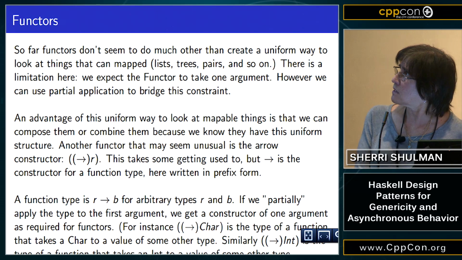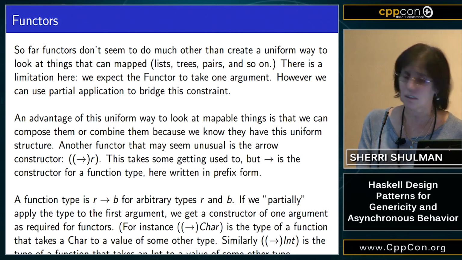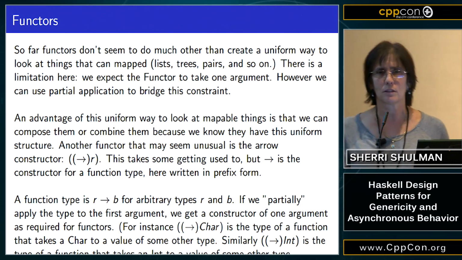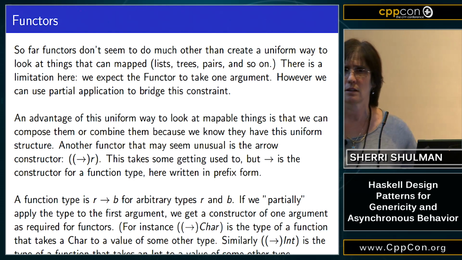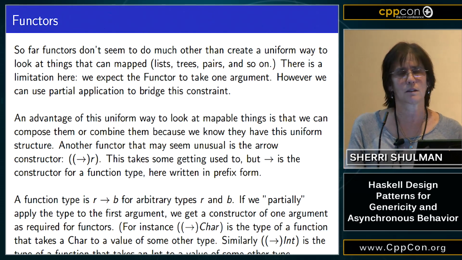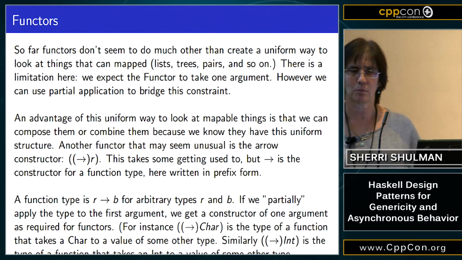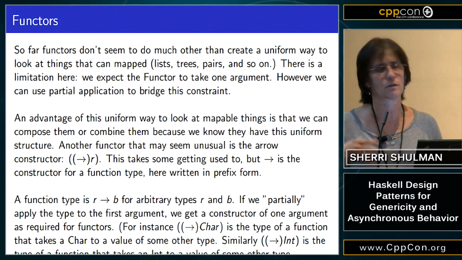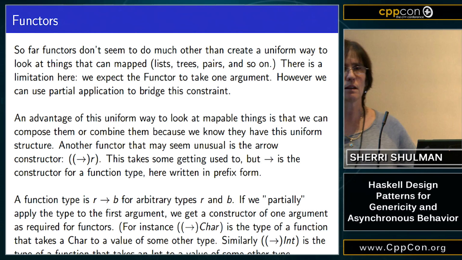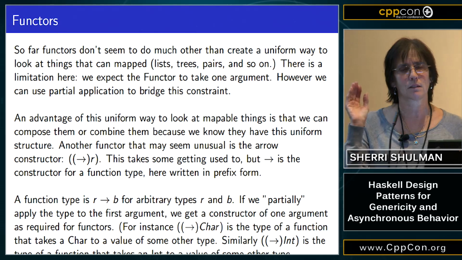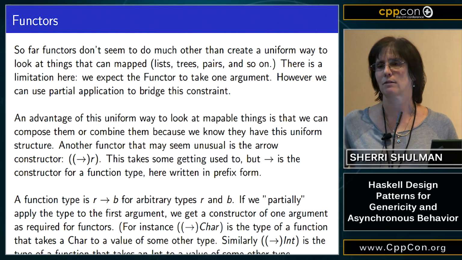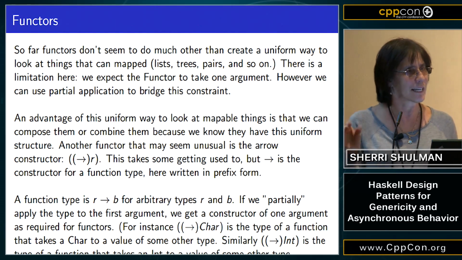We can do it with some things that may seem a little unusual. The arrow type is just a constructor for a function. In other words, I normally think of the arrow as being the type of a function. So a function from a list to an int, the length function, I would write down as list of a arrow int. And there's the arrow in there.